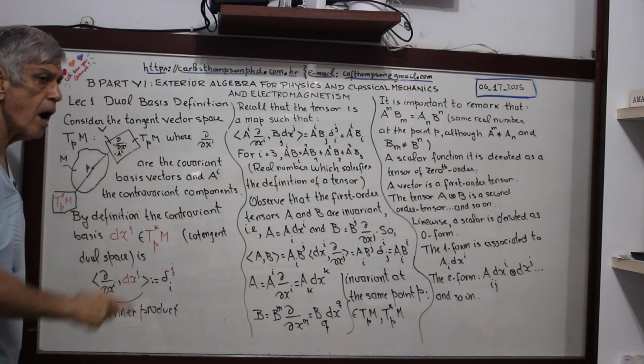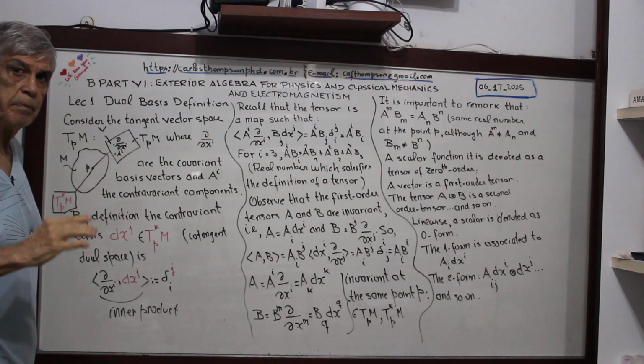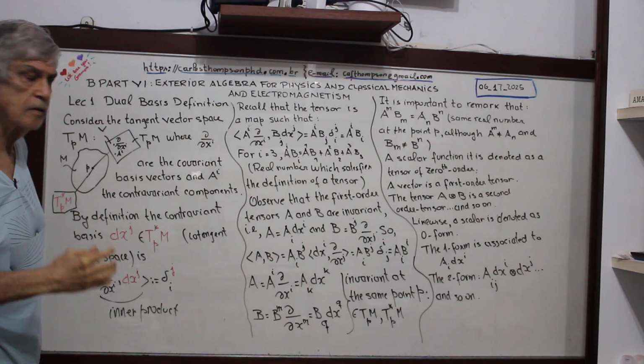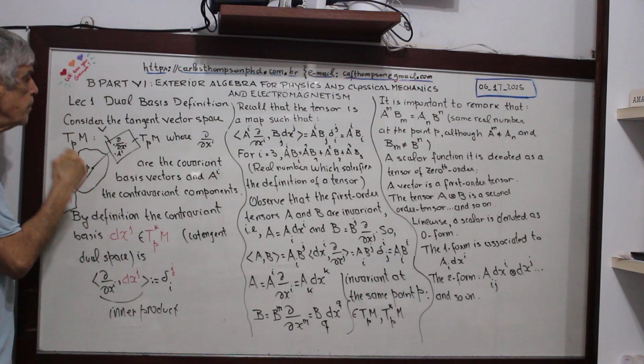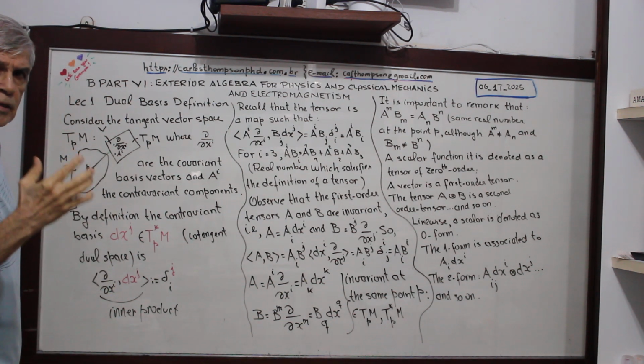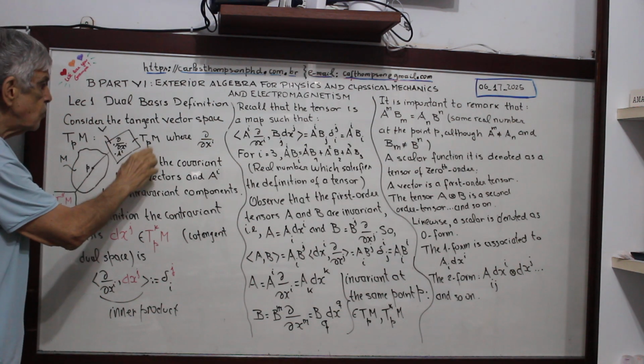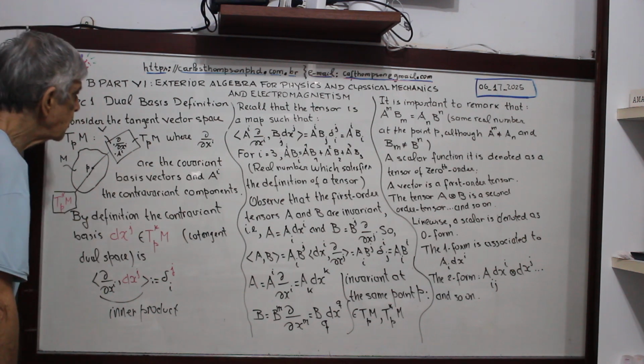Partial xi are the bases, okay? In this case it is the covariant basis, and the a^i are the components, the contravariant components a^i. Both belong to the space TPM.